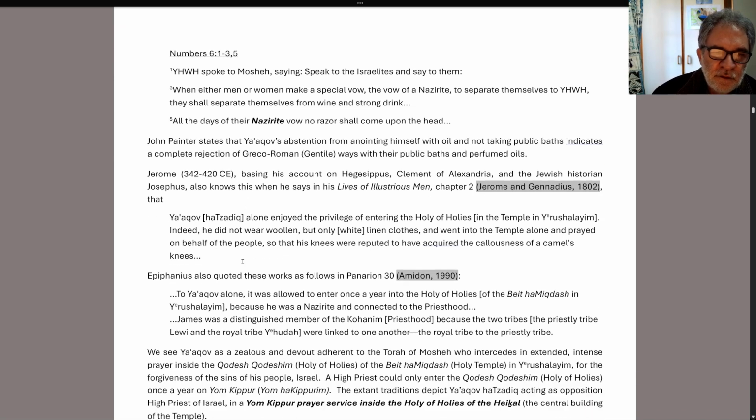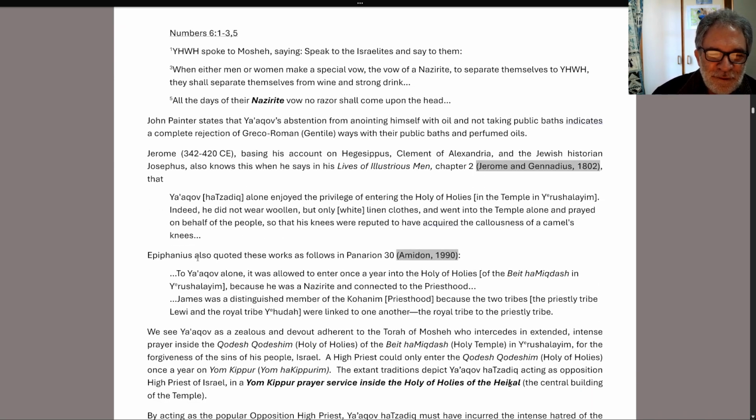Epiphanius, whom Jerome sometimes called a foolish old man, but some of his quotations are very useful, also quoted these works as follows in Panarion chapter 30. Now, all of us have got in our houses maybe a box in which we keep medication and stuff like this.